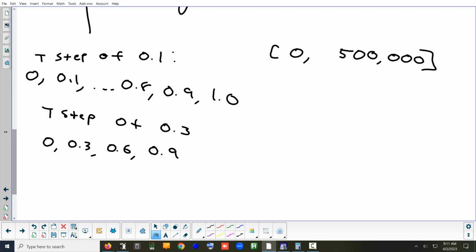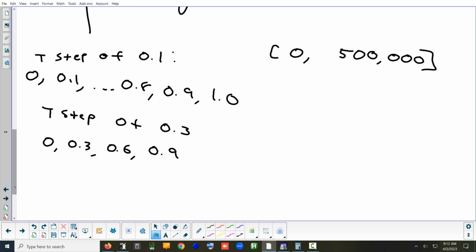Now, Alex, what would be the next one that it would want to try to plug in? Well, look at our increments. Look at what we're stepping by. 0.12 would have been back here. That wouldn't be one it would plug in.